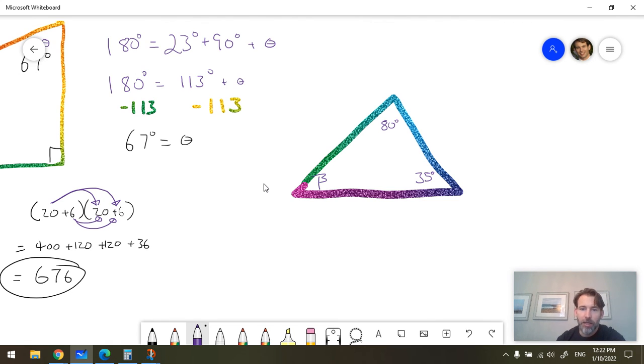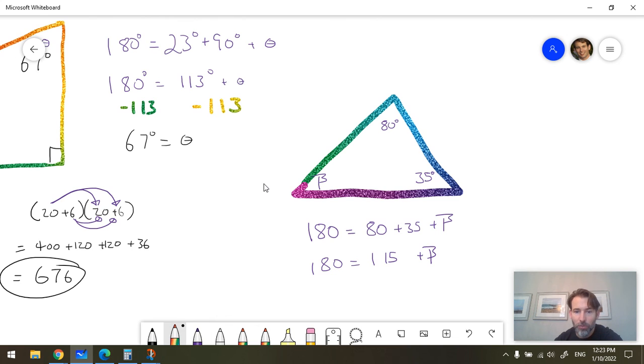All right, then I just set up the same equation. 180 is equal to 80 plus 35 plus beta. Okay, now 180 equals, add these together, that's 115 plus beta.